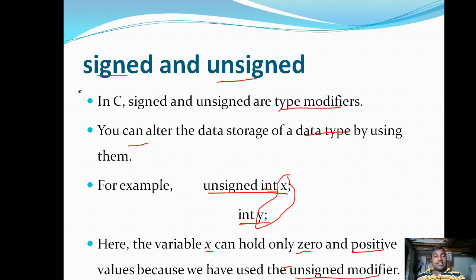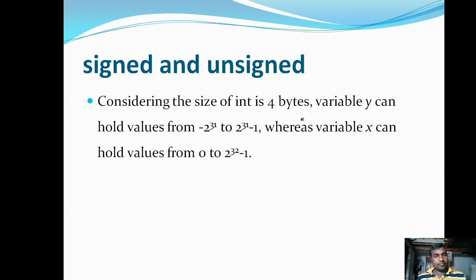So signed and unsigned are the two modifiers we use along with the data type to know the type of data we are storing or handling. Is it clear? For the unsigned modifier, if any variable's data type is preceded with unsigned, it can accommodate only positive values including 0.